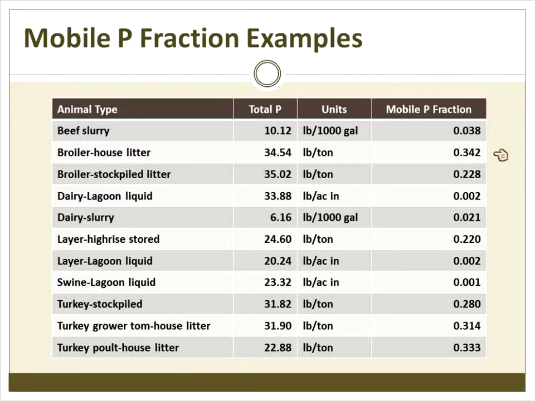So 35 pounds, a third is mobile. So that's about 12 pounds of phosphorus is going to be mobile. And so if you put that litter on the surface, which most people do, you have 13 potential pounds of phosphorus that can run off. But as you notice, beef slurry is much less soluble than it has a much lower mobile P fraction than the broiler house litter.